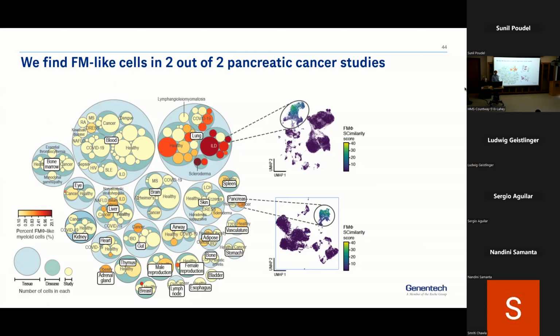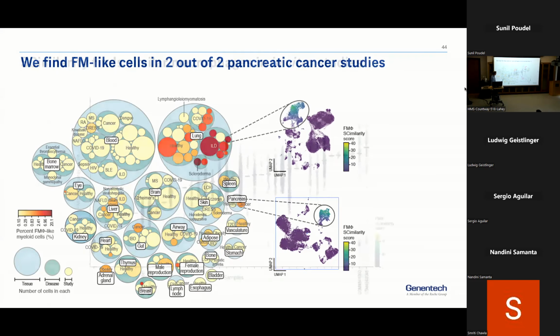That's a nice thing to see and to explore further. Obviously, you can pull out these individual PDAC data sets and explore them to your heart's content. This is just a starting point here.